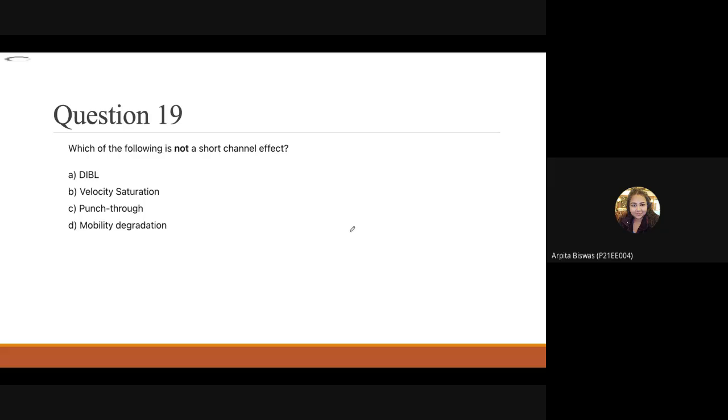So this is question number 19. Which of the following is not the short channel effect? DIBL, velocity saturation, punch through, or mobility degradation?